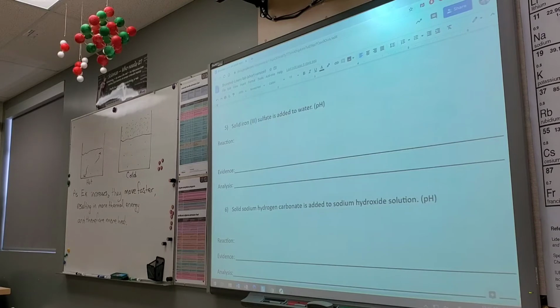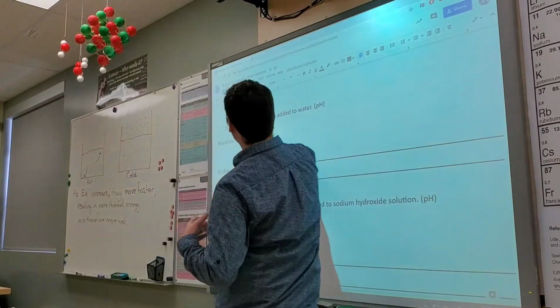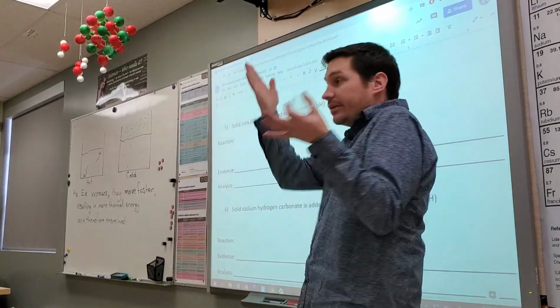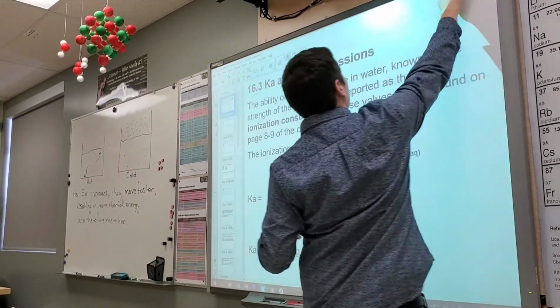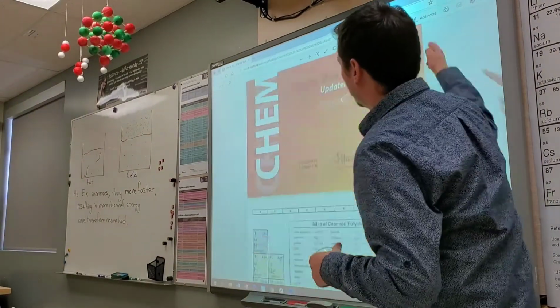First thing I want us to do is predict what kind of solution we're going to get. You've got solid iron-3 sulfate, but you're adding it to water. So let's see if it's going to dissolve. Let's figure it out using the Chem 20 data booklet, Chem 30 data booklet.